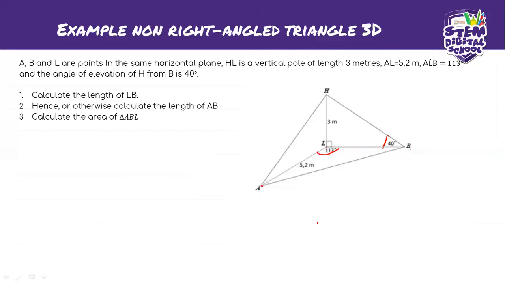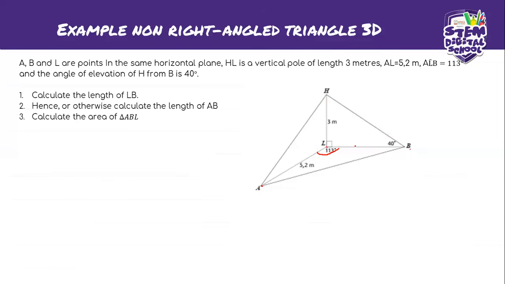Now, if the question says we have to calculate the length of LB, we check where LB is. This is LB. Let me erase this one. All right. Now let's go to LB.